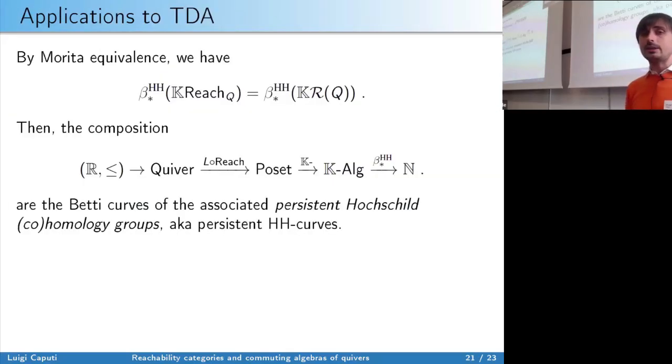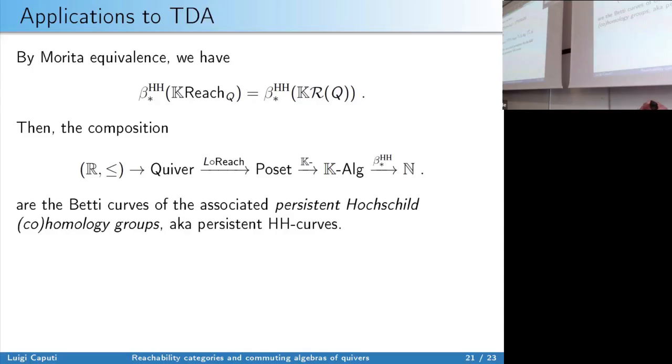So the reachability category was a way to sidestep this issue. And how do we do that? Well, let me remind you that the reachability categories and the reachability posets are equivalent. So I can use the category algebras associated to them. They're still equivalent; they're Morita equivalent.